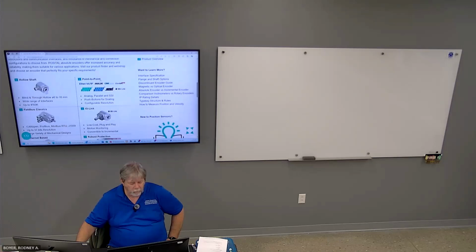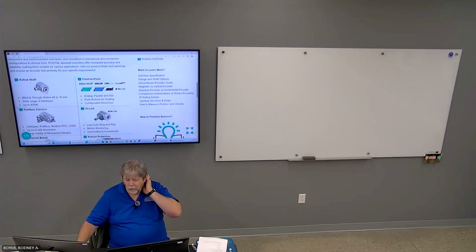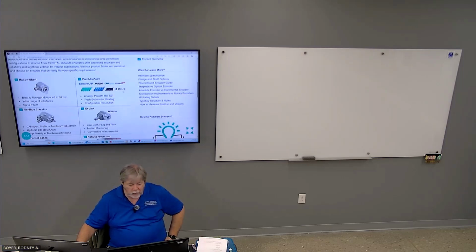You can see they have EtherNet/IP, analog, which is 4 to 20 or 0 to 10, CANopen, EtherCAT, Profinet, Profibus, SSI, which is a serial communication, and IO-Link.